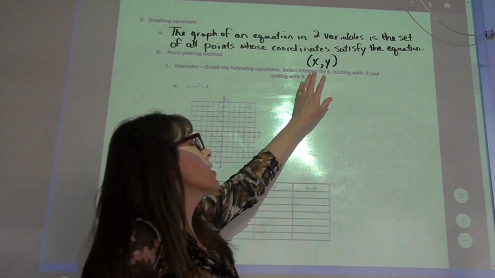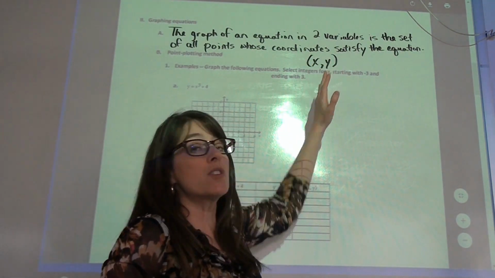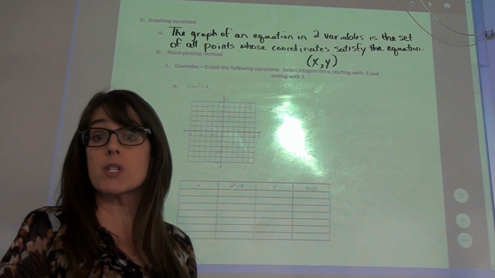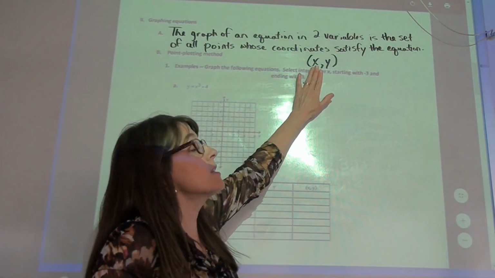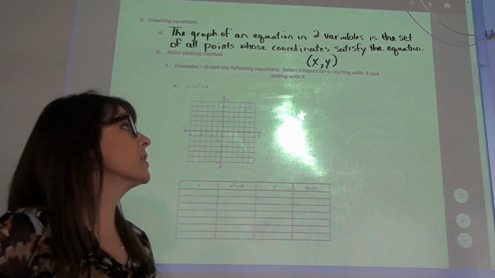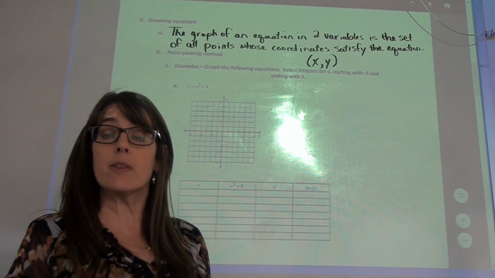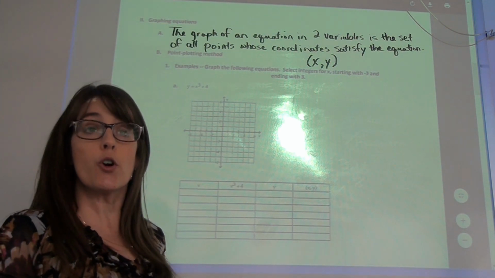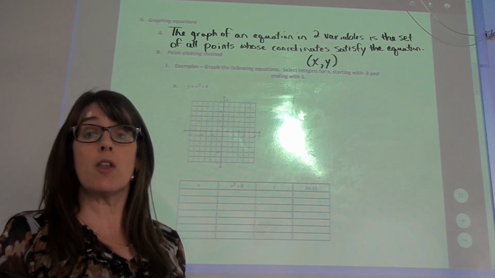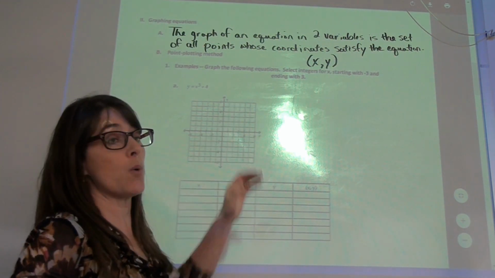What that means is when I put this x value into the equation, this is the only y value that will also accommodate the equation and make a true statement. So these points here will satisfy the equation and make it a true statement. So in other words, when I join all of those points together and connect them either with a straight line or a smooth curve, everything that is on that line, on that curve, on that graph, all of them will satisfy the equation.